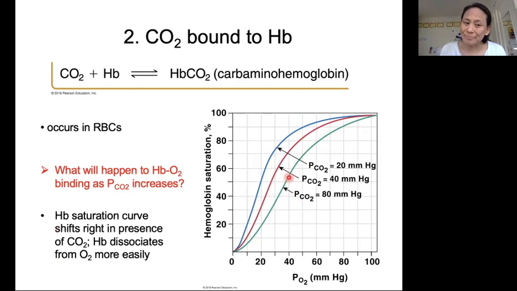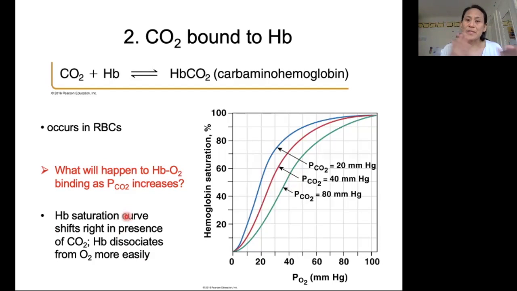What does that mean? That means that hemoglobin is going to dissociate from oxygen more easily, which is very convenient if you are carbon dioxide, because then you're going to free up those sites for binding carbon dioxide to hemoglobin.